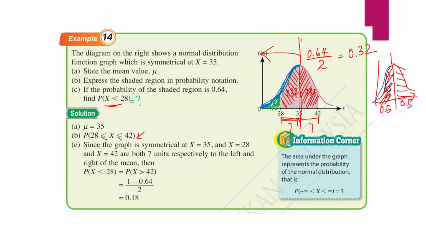I want the green region, so I use 0.5 minus 0.32. For the green region, P is 0.5 minus 0.32. So I get 0.18.